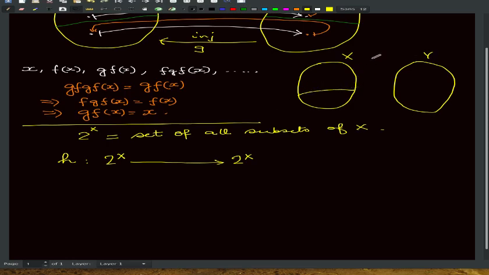Remember, I have this F and this G. I take this subset P and take it to its image. Obviously, you know that P and G of P are in bijective correspondence. That part is very well known to us.